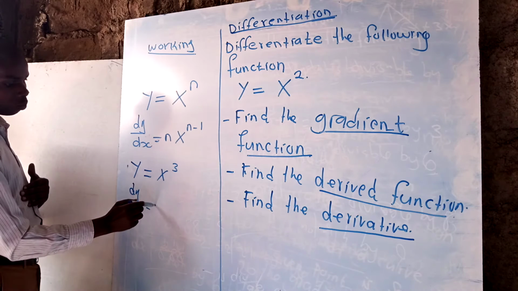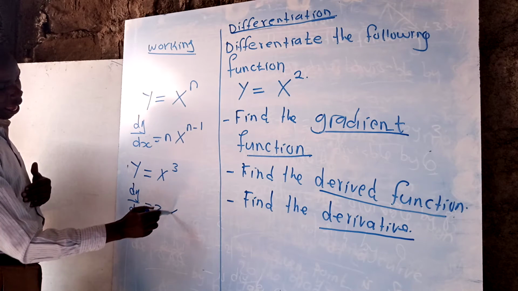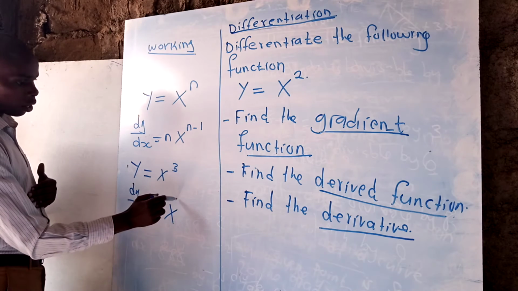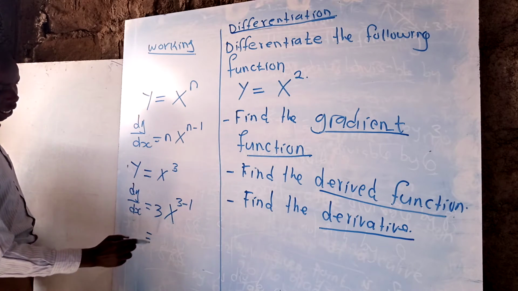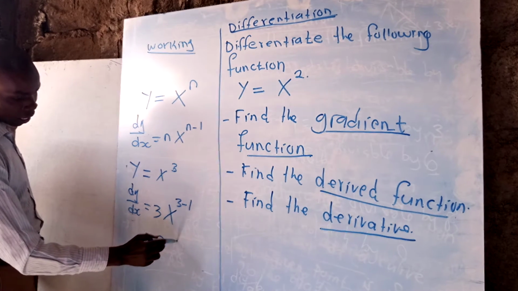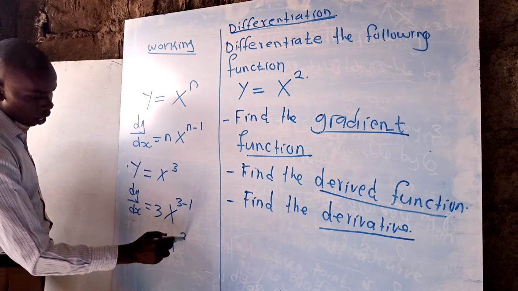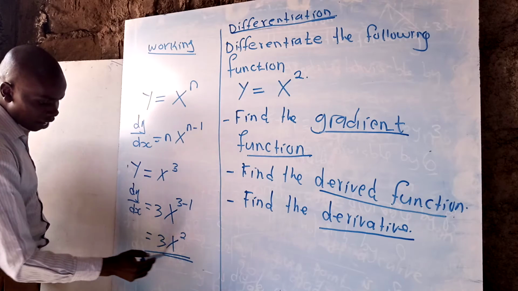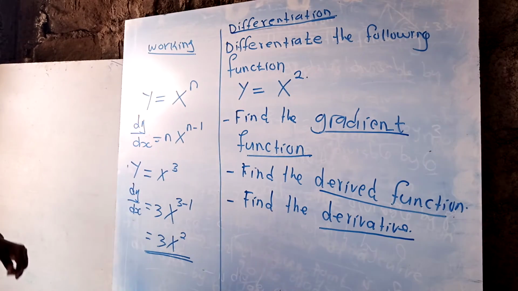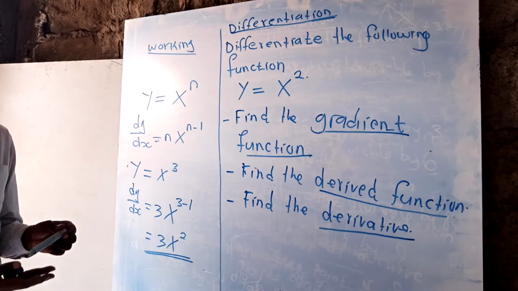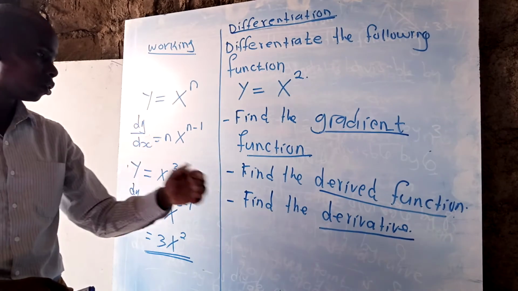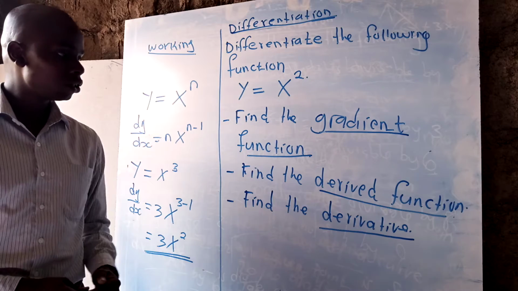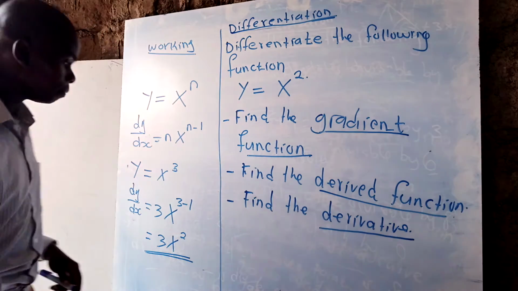So it's going to be 3x, and we write 3 take away 1. So our dy over dx is going to be 3x raised to power 2. So what we have done here is differentiated, or calculated what we call the gradient function, or derivative function, or derived function, or the derivative.